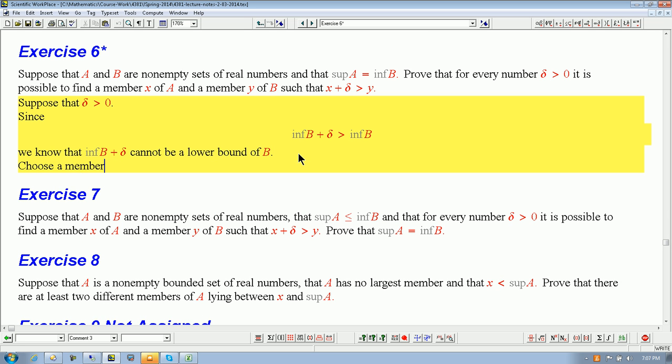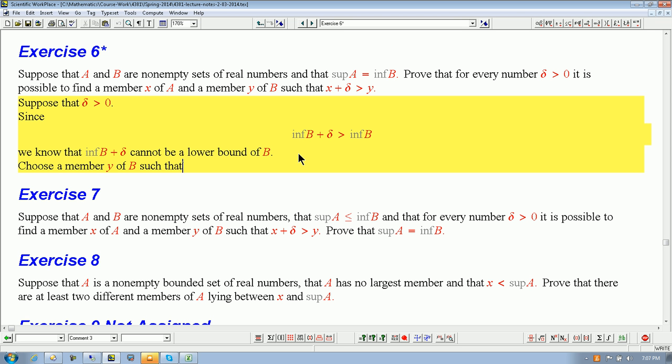Now I can tell you, choose a member y of B, and after the word choose, you very often write, correct spelling helps, such that. Please be careful. Such that is a qualification. If I just say choose a member y of B, it could be anywhere, you see?